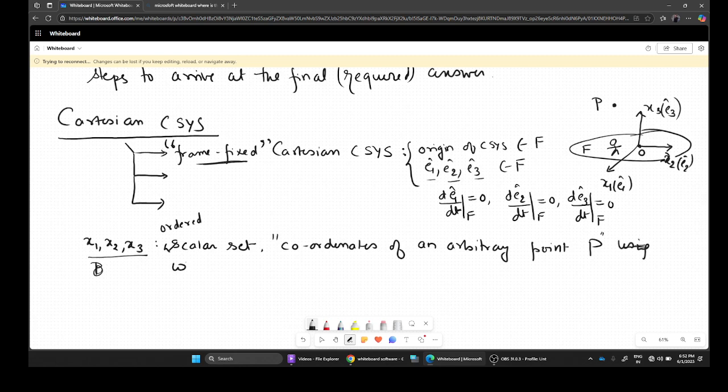while using the Cartesian coordinate system. In fact, we will use a notation to denote this coordinate system, and this is the notation. This is the name of our coordinate system.